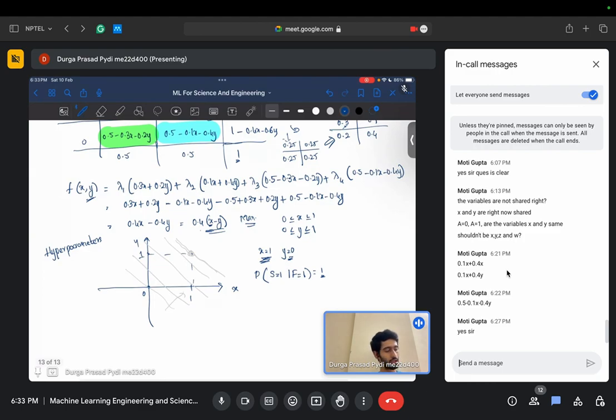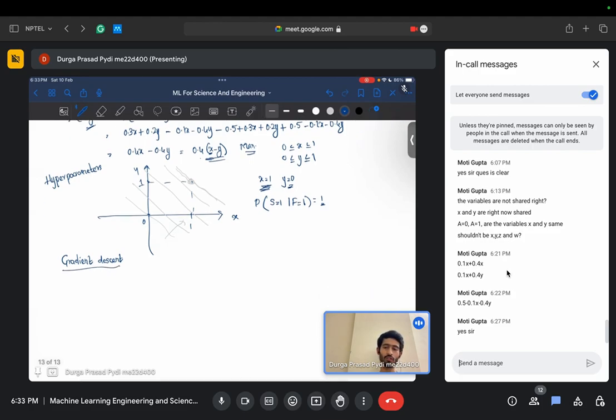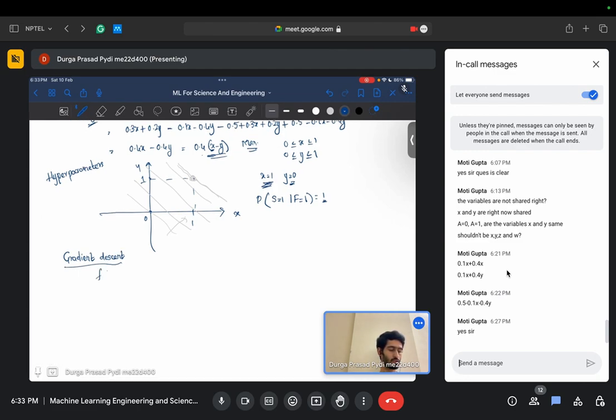Now coming back, here it is straightforward, I have solved it in this way, but now if you want to use gradient descent and solve this problem, how would you go about it? Most of your assignment problems are gradient descent, so how do you solve it using gradient descent? The idea should be clear by now.